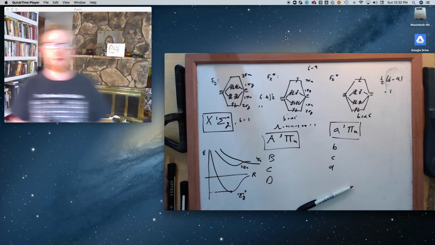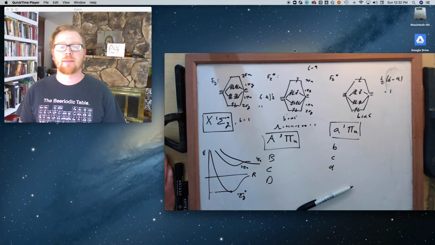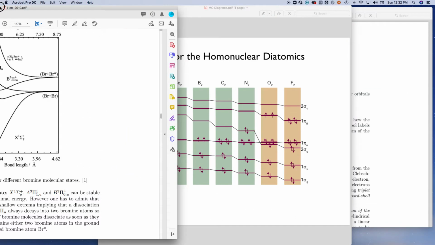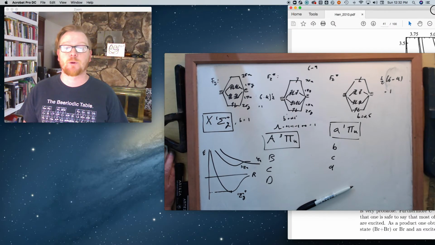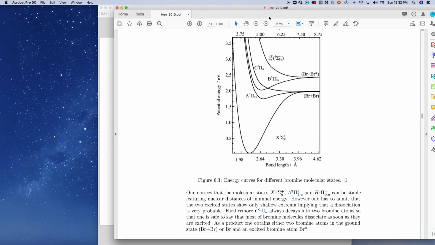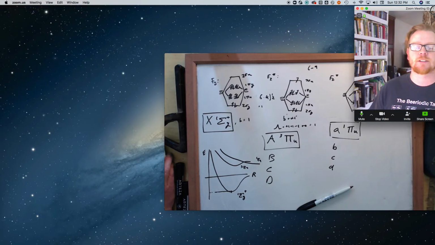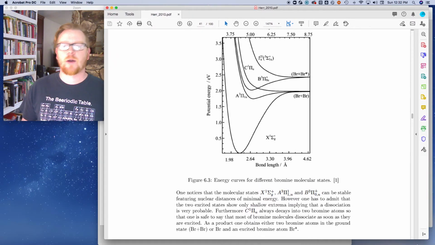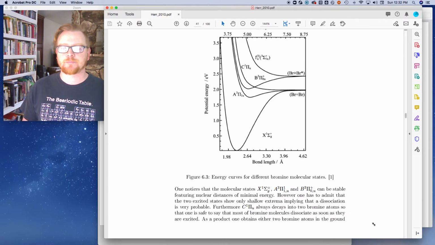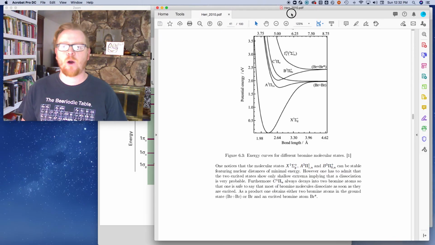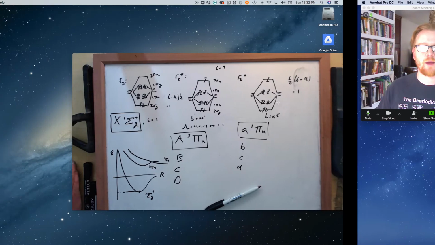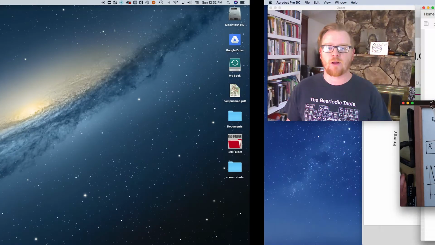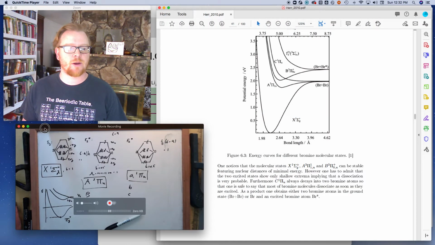And I'm going to switch over now to a document to show you a few examples here. So here I have someone who's calculated all of these states. And now granted, this is for bromine. So sorry, I'm getting my desktops all situated here. Okay, so now what you notice, even though this is for bromine, this is still pretty cool. I think I can actually put our work down here all on the same desktop. Yeah, here we go.